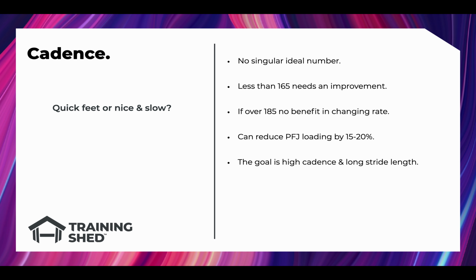Now the pinnacle, the golden ticket for cadence is this long stride length and this high rate of cadence. This is difficult to attain though. So although many runners might strive to get it, we've got to bring them down to that perspective of going, it is difficult. Mo Farah famously has a cadence of about 195 and a stride length of about 2 meters. And if you can attain that, fantastic, that's brilliant.